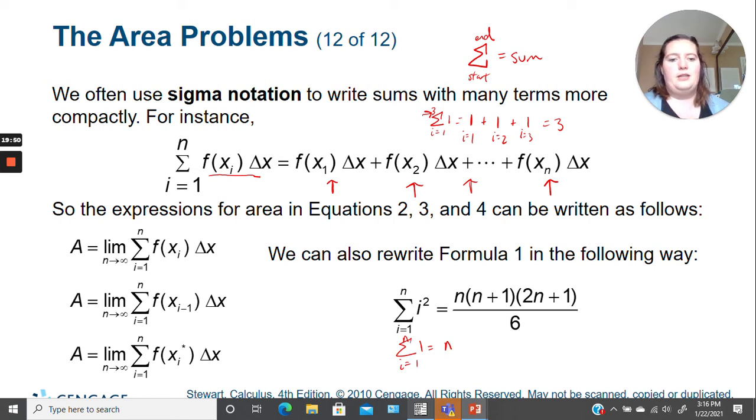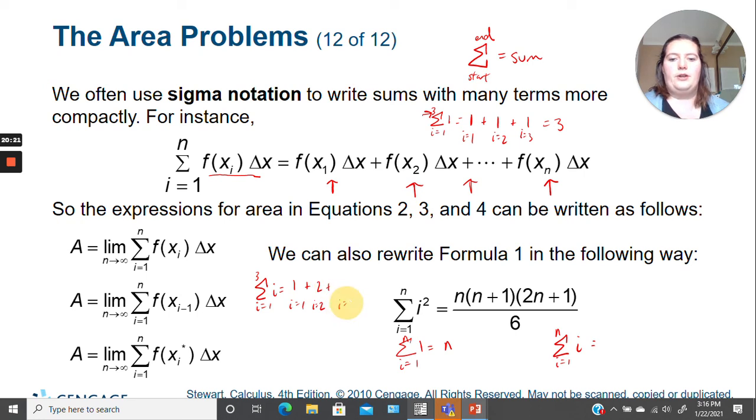The next one that I need to know is the sum from i equals 1 to n of i. This actually has a nice formula for it. So let me give you an example. Let's say I was going from i equals 1 to 3 again of i. So I'll start with i equals 1, plug that into my formula. Well, the formula is just i, so it would be 1. Then I'll go to i equals 2, plug that in. It would just be 2.